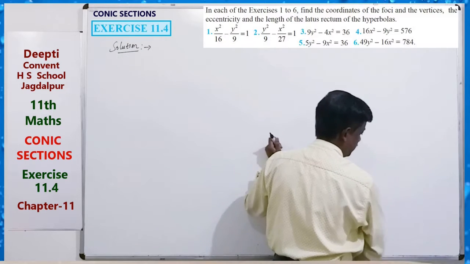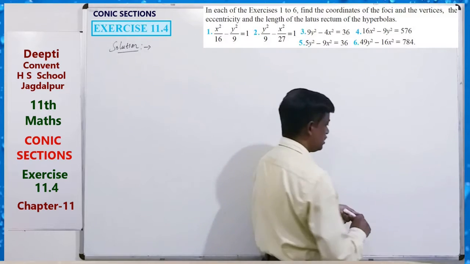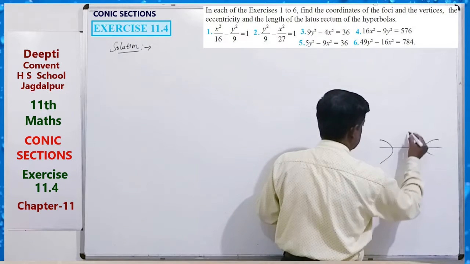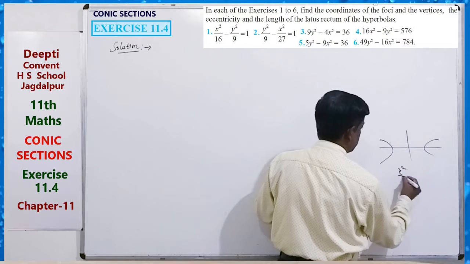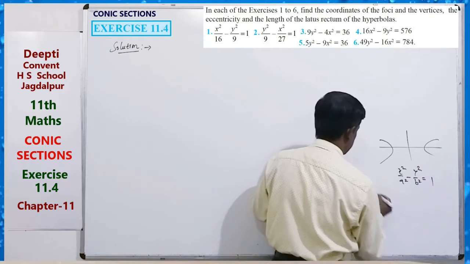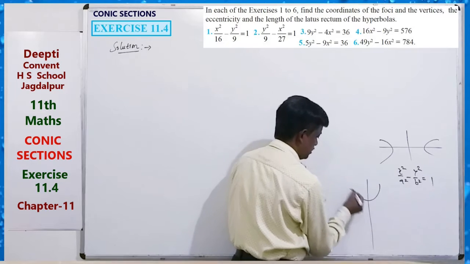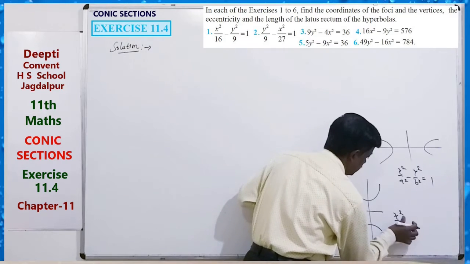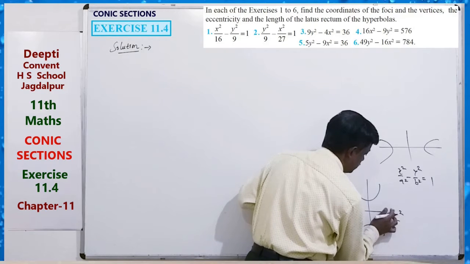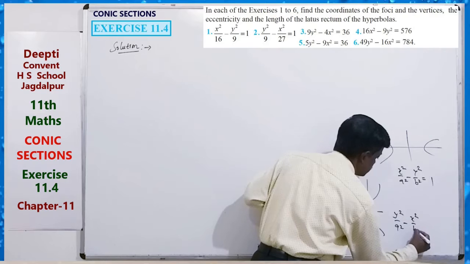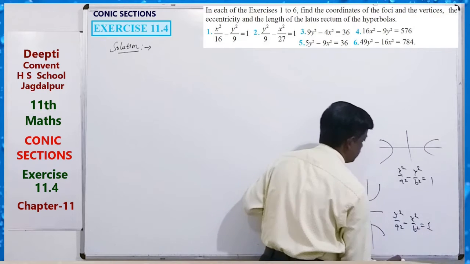One is horizontal: x square by a square minus y square by b square equals 1. And for the other: y square by a square minus x square by b square equals 1.